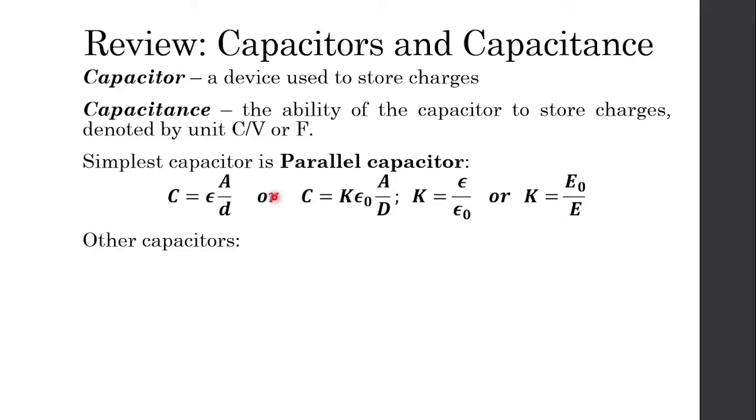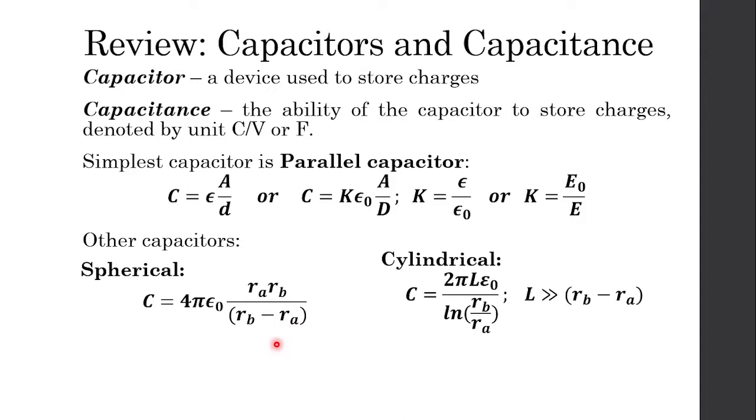There are other types of capacitor. Aside from a parallel capacitor, you can have spherical capacitors. In order for you to measure that, we have this equation right here, wherein the capacitance is equal to 4 pi epsilon naught multiplied by the radius of A multiplied by the radius of B divided by the difference between the two radii.